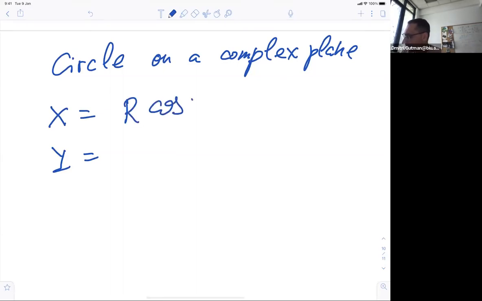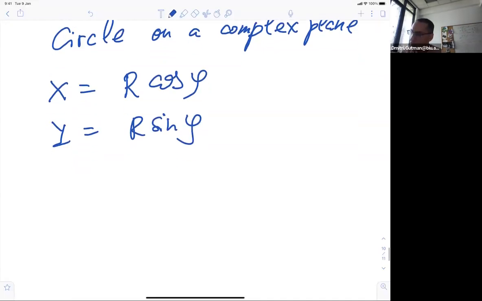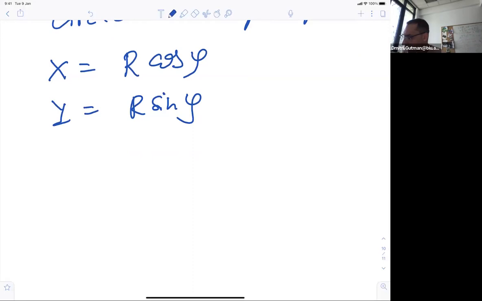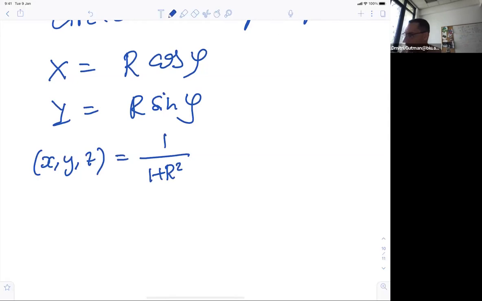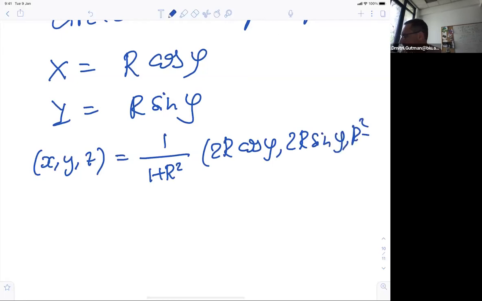R cosine phi, R sine phi would be a circle around the origin of radius r. Then the coordinate on the Riemann sphere will be x, y, z. Now I plug this into our equation. It will be 1 over 1 plus r squared, times 2r cosine phi, 2r sine phi, r squared minus 1.